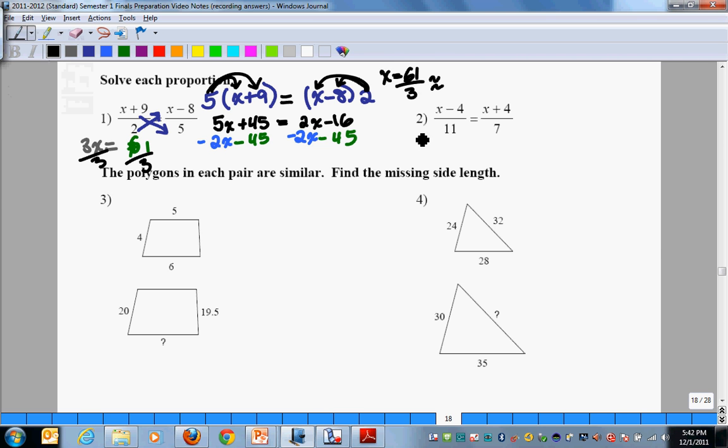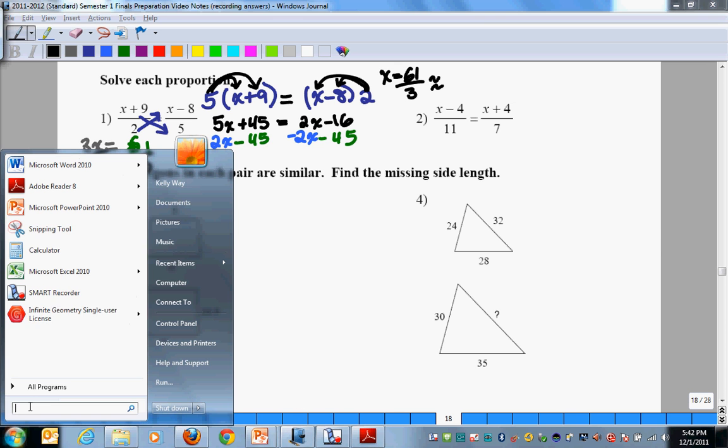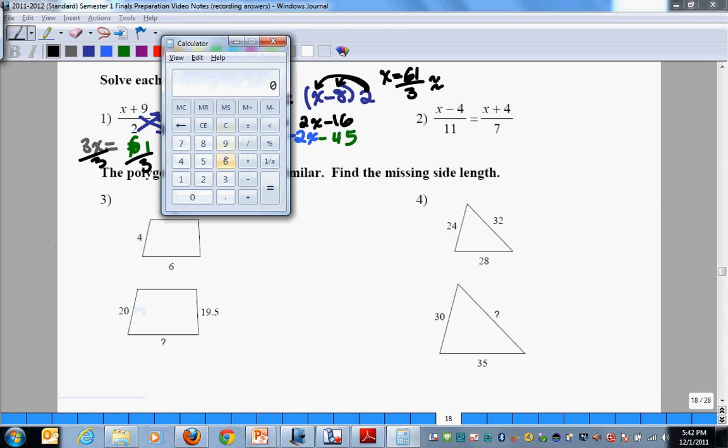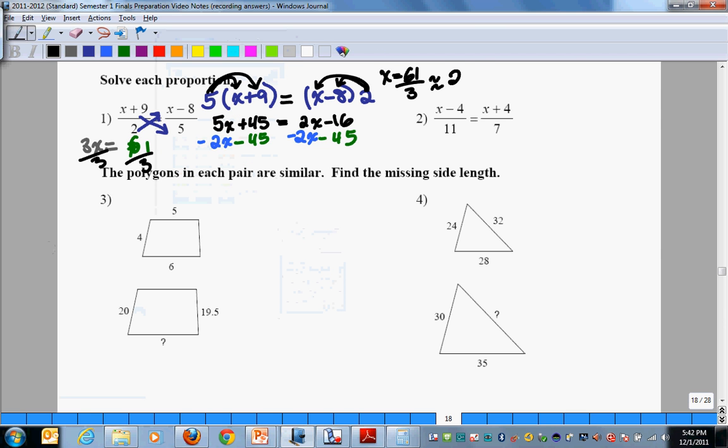So we have 61 divided by 3, and that's going to be 20.33 repeating.